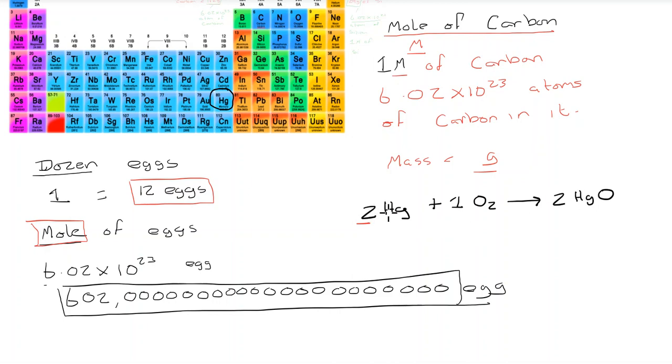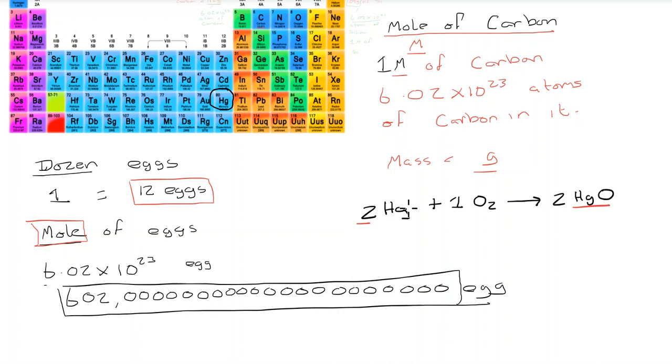The number in front of each chemical represents moles. So what we're saying is that if you have 2 moles of mercury, then you need 1 mole of oxygen molecules to react with each other to give you 2 moles of mercury oxide.